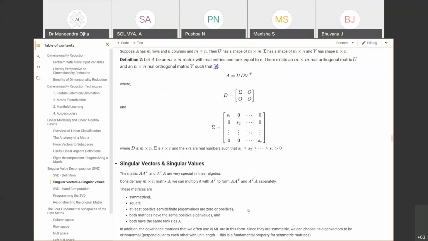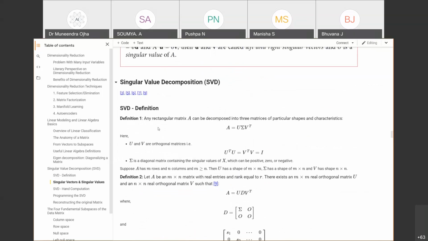Remember, when I was explaining the SVD definition, I had told you that any matrix A can be broken into U sigma V transpose such that U and V follow this property: U transpose U is equal to the identity matrix and V transpose V is equal to the identity matrix.